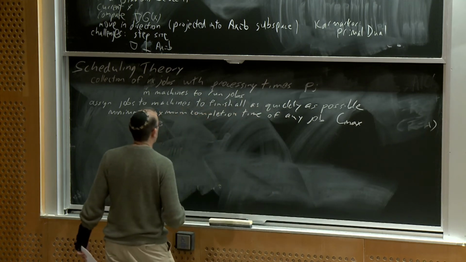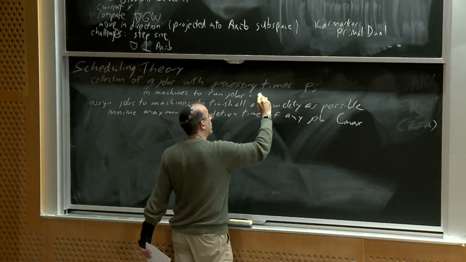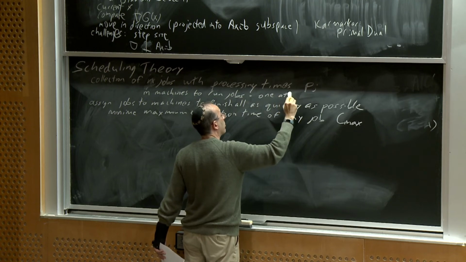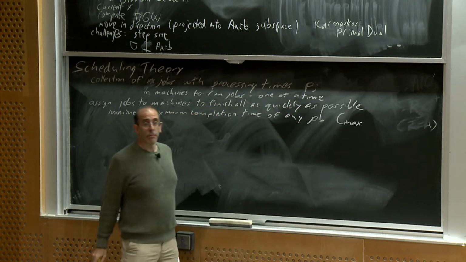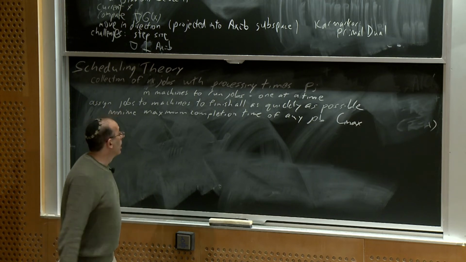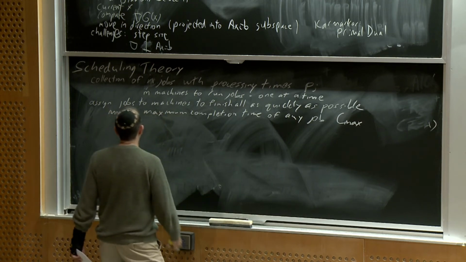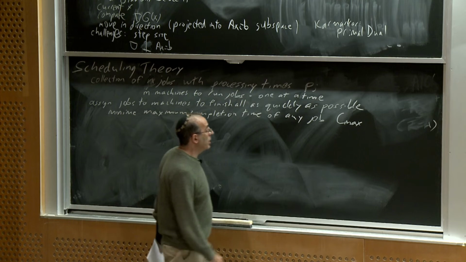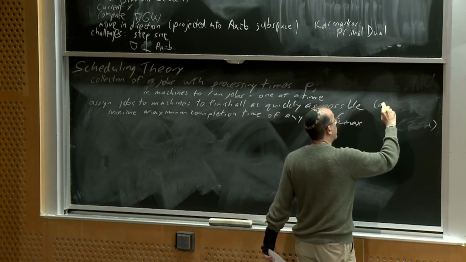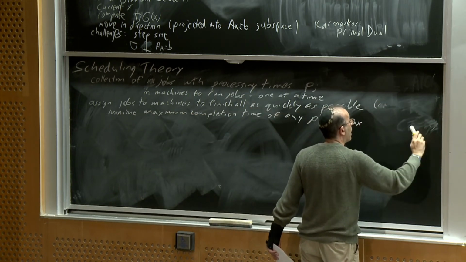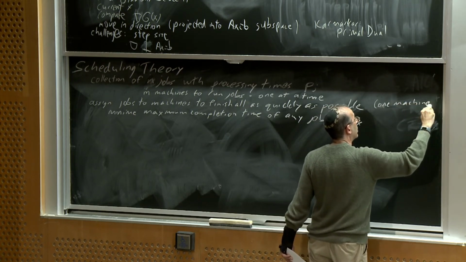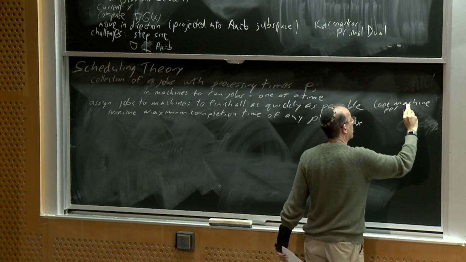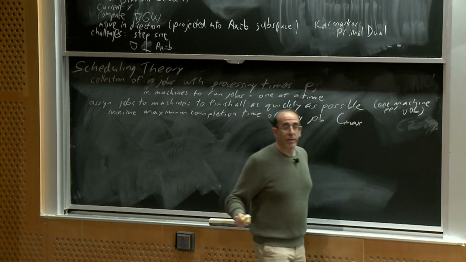I should also add that these machines can only run one job at a time. And when we assign jobs to machines, we're only going to allow each job to run on one machine, although I'll revisit that later.